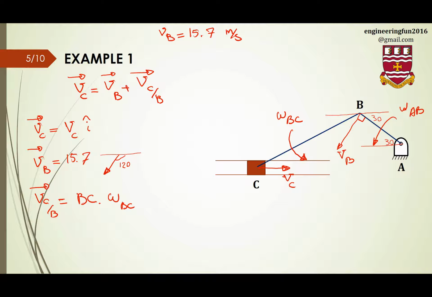This is the magnitude, so it's like that R omega that we had. So velocity of point C is R omega. And the direction is always perpendicular to the rod. So this angle is 90. So this angle here, this is the direction.